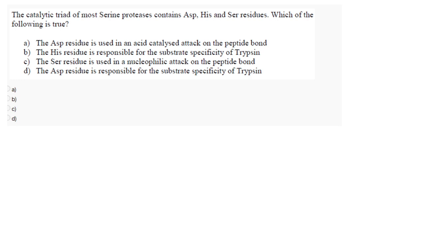The catalytic triad of most serine proteases contains aspartic, histidine, and serine residues. Which of the following is true? The aspartic residue is used in acid catalyzed attack on the peptide bond. The histidine residue is responsible for substrate specificity of trypsin. The serine residue is used as a nucleophilic attack on the peptide bond. The aspartic residue is responsible for the substrate specificity of trypsin.